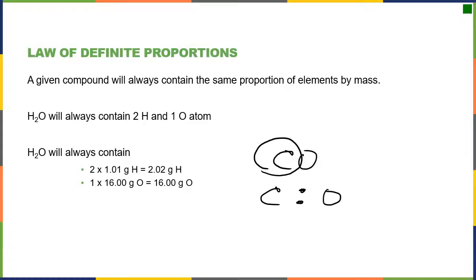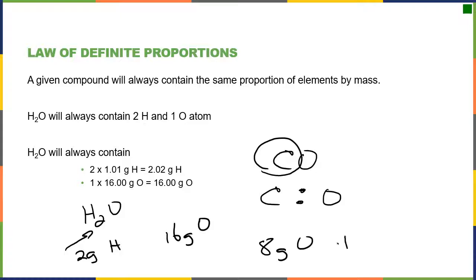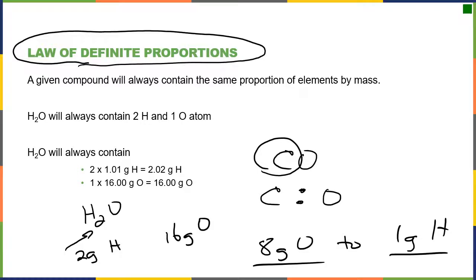So in the case here of water, for example, we knew that water was always going to contain 2 grams of hydrogen for every 16 grams of oxygen, or if we look at the ratio, we are going to do 8 grams of oxygen to 1 gram of hydrogen anytime you take and make water. All right, that is the law of definite, consistent proportions, and we have got one more.